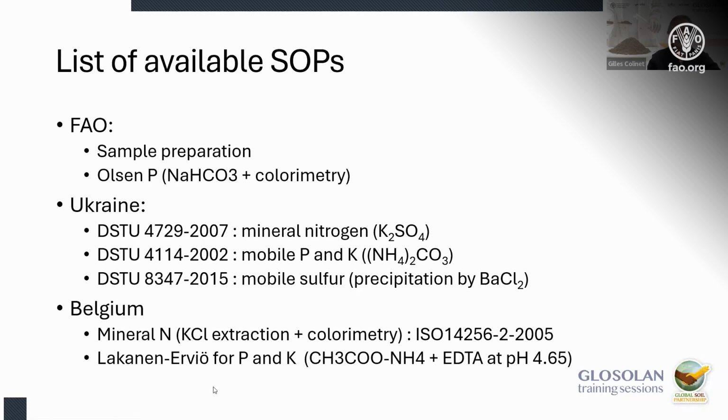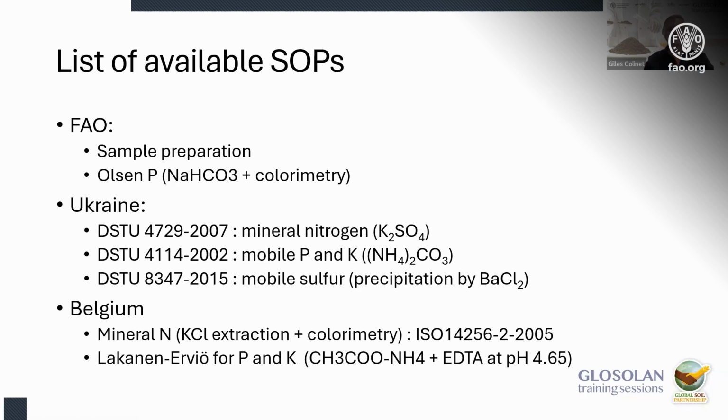In Belgium, we have a procedure for P and K, which is Lakanen-Hervieux or Courtney, depending on the reference, but the most recent is Lakanen-Hervieux. It uses ammonium acetate and EDTA at a pH fixed at 4.65.